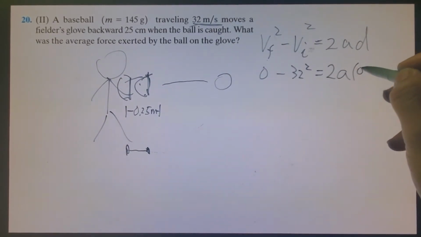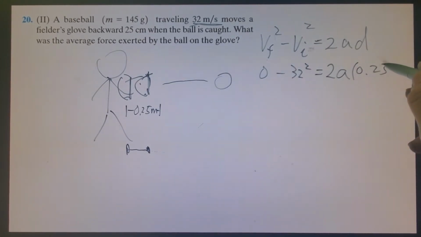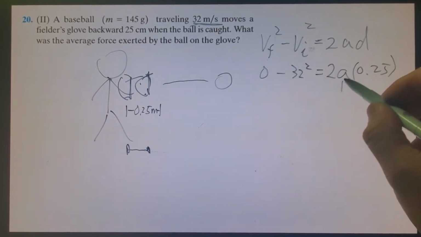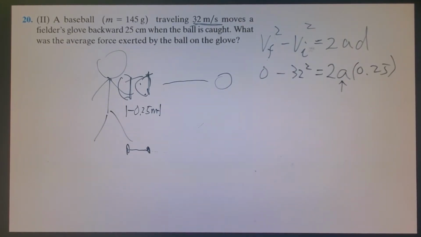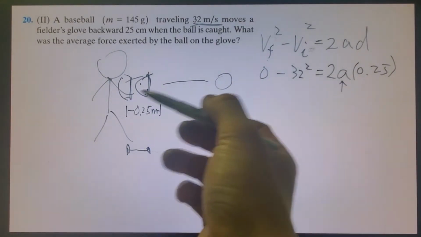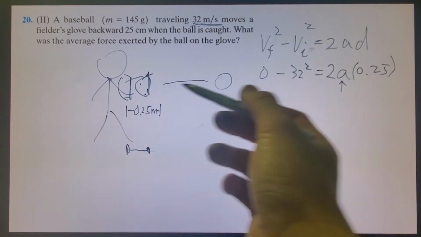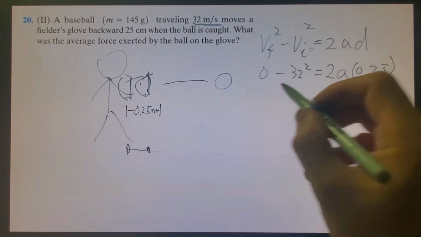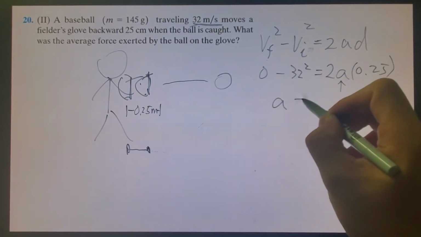D is 0.25 meter. If you look at this, then you realize that A is a negative number. Of course, because it will decelerate from 32 meters per second to 0. When it decelerates, A can be a negative number. Okay, so let's see what this A is for now.